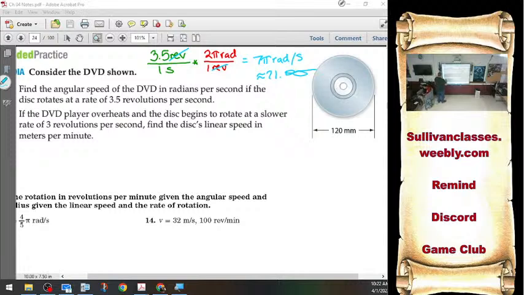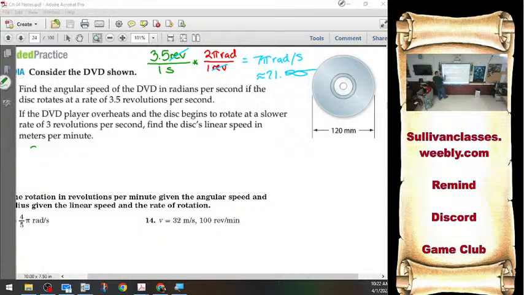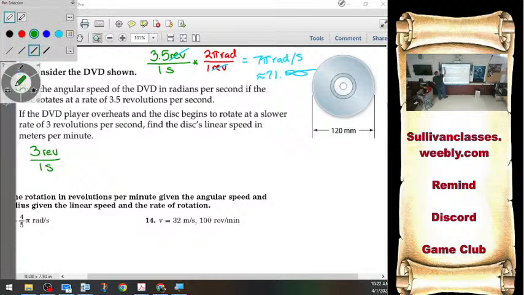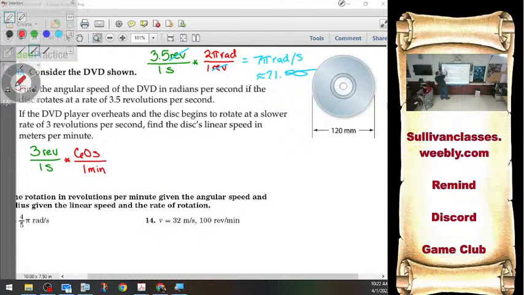Okay? All right, let's see if we remember how this works. If I start with 3 revolutions to 1 second. First things first, 60 seconds is 1 minute. We know that. That part's easy.